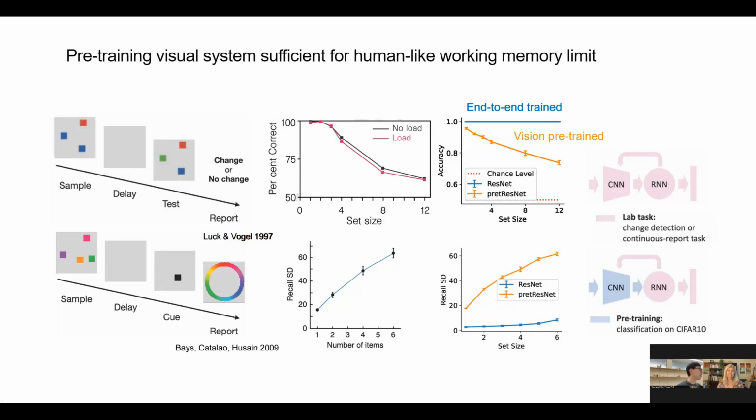You can make it larger, and then you would no longer see a capacity limit, in the sense that you can get your capacity to be as high as you want, as long as you have a large recurrent network, which is intuitive, right? Because if you show things sequentially, then your visual system is no longer limiting you. And if you have a very large cognitive system, here the recurrent network, then you should be able to do as well as you want.